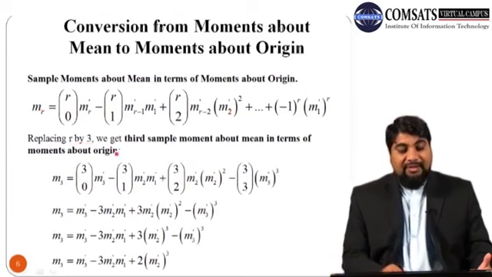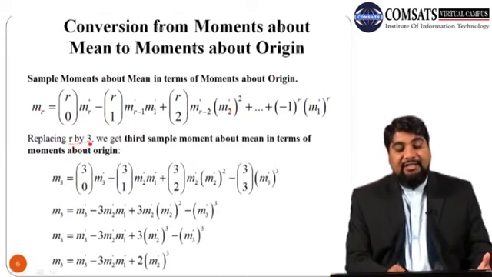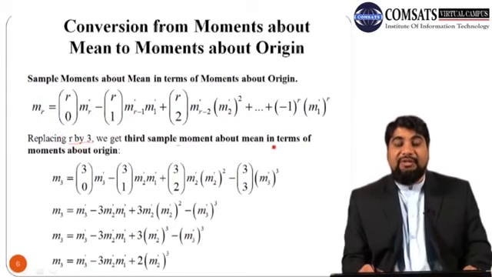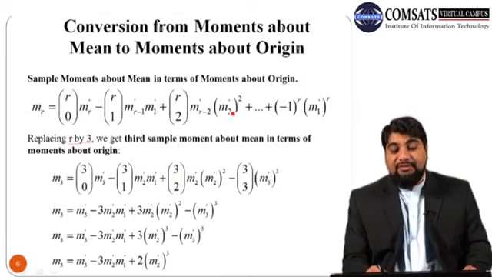So similarly, if we replace r by 3 in this formula, we can get the third sample moment about mean in terms of moments about origin. So remember that this is m1 dash whole square.